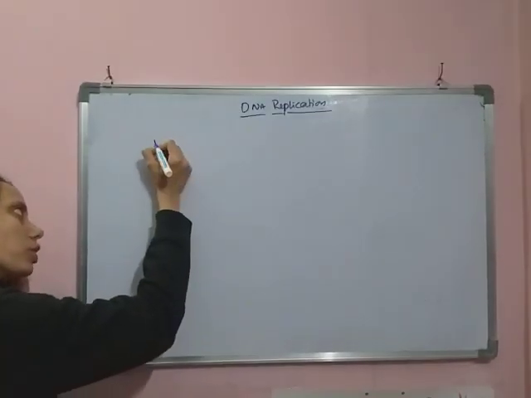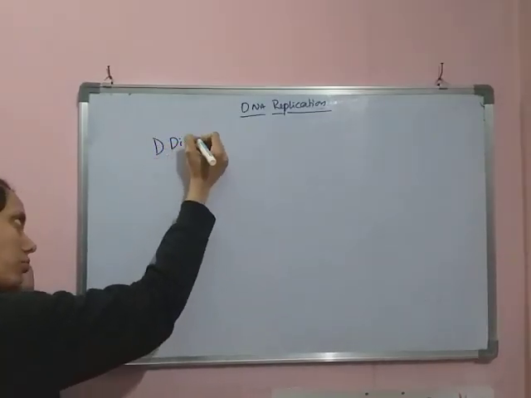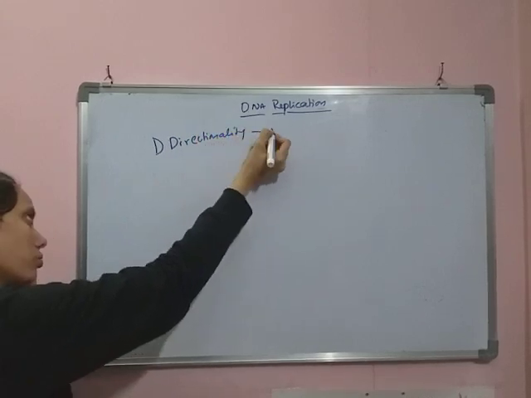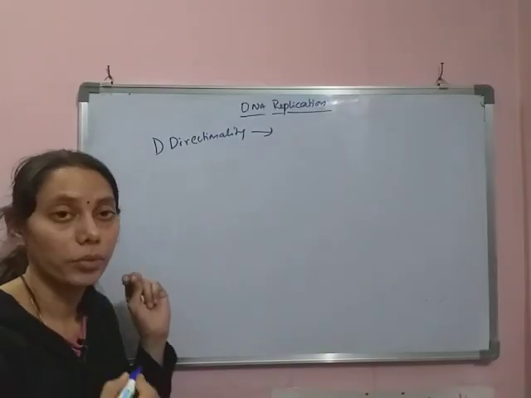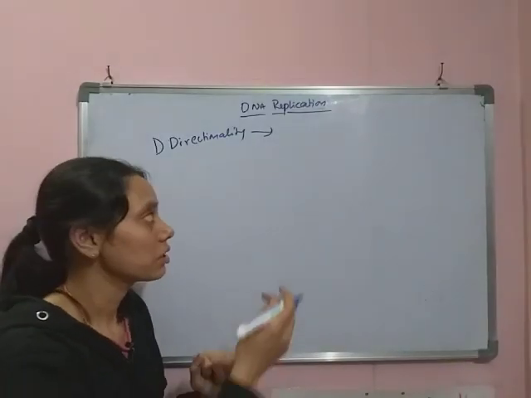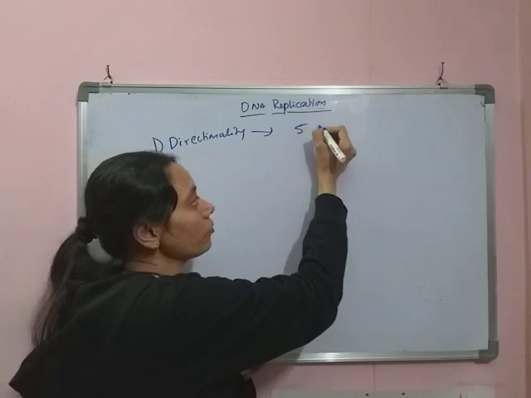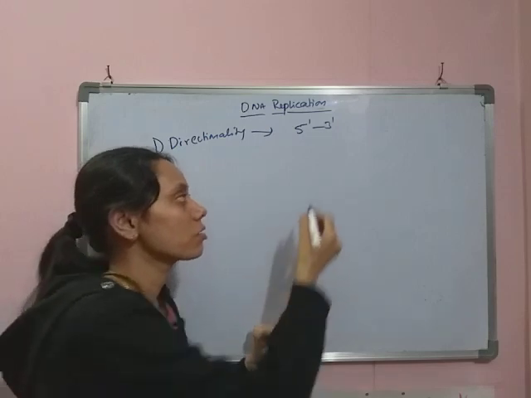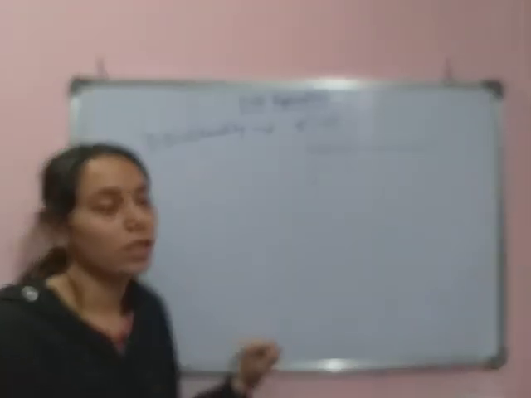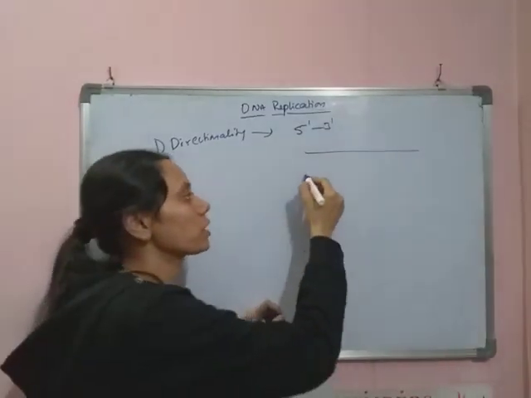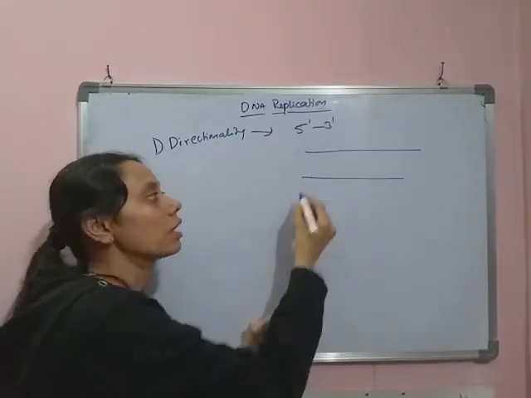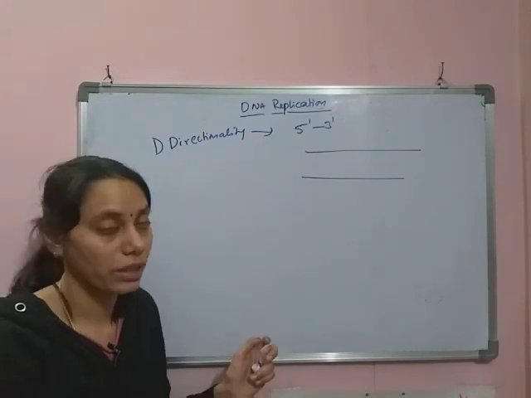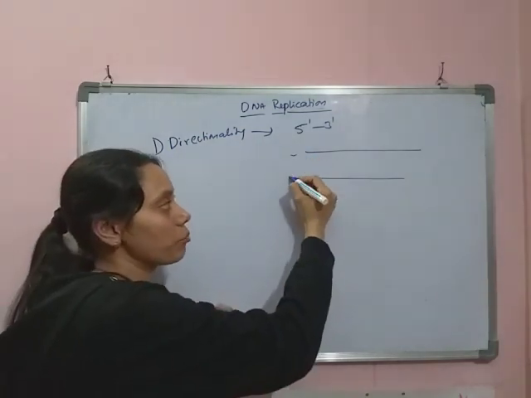The first one is the directionality of DNA replication. If the DNA is being copied or replicated, the direction of replication will be 5' to 3'. The two strands of the DNA are separated, and each strand acts as a template.